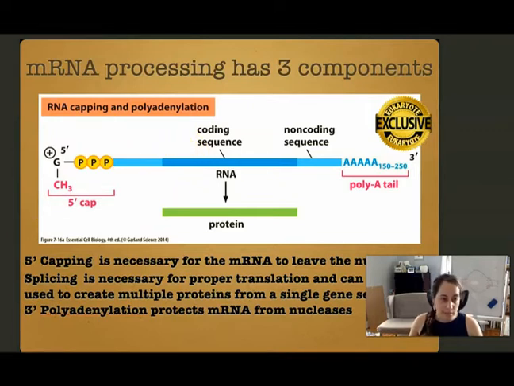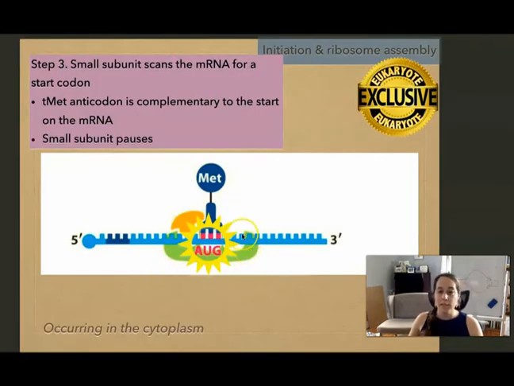So let's go back to that image that we were just looking at. So here we have, again, the anticodon for methionine matching up with the AUG, and the methionine anticodon is going to be a UAC.